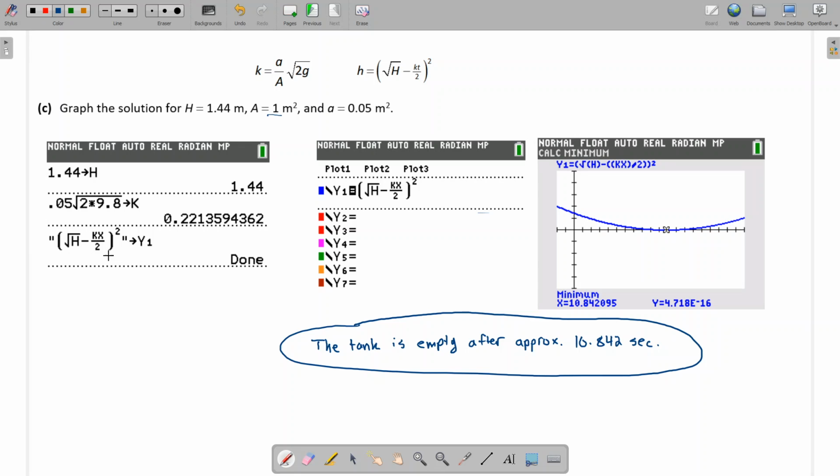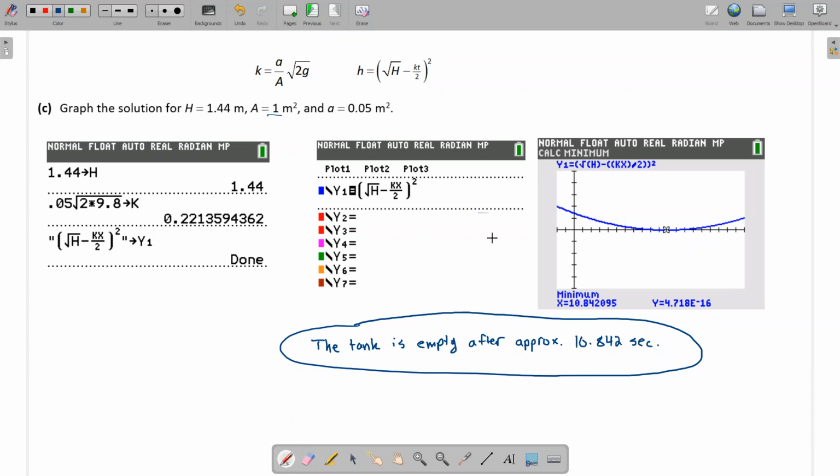I don't think this is something that I've shown much for your calculator. If you want to manually put something into y1 without going to the y equals screen, you have to put the function in quotes, and then you can store it as y1. This is a convenient way to enter really messy functions. I wouldn't consider this one messy, but it is a handy trick. It also is useful if you're going to write your own programs.